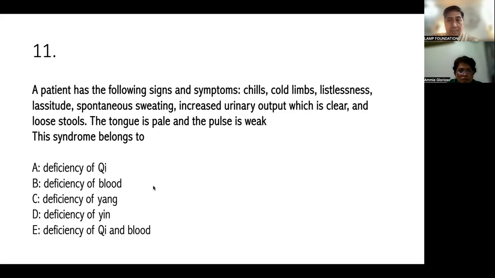There are still cold limbs, listlessness, and spontaneous sweating. What clinched the diagnosis of yang deficiency? The patient has chills and cold limbs. Okay, cold limbs, yang deficiency.